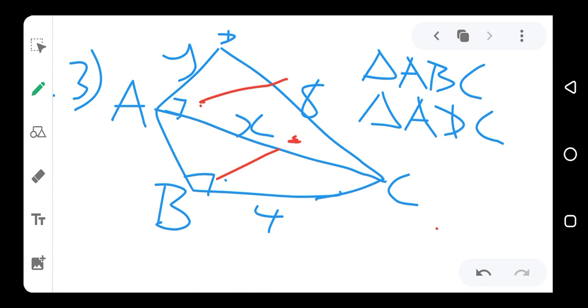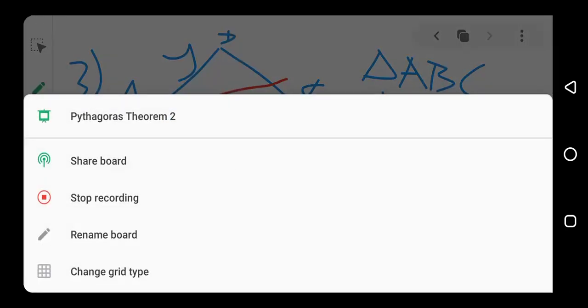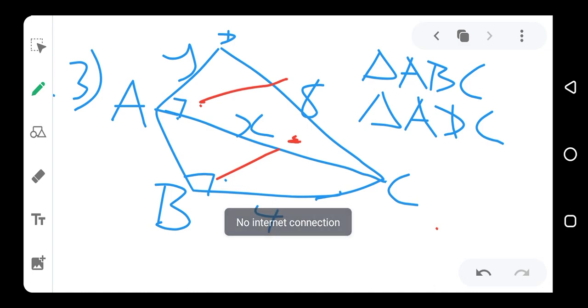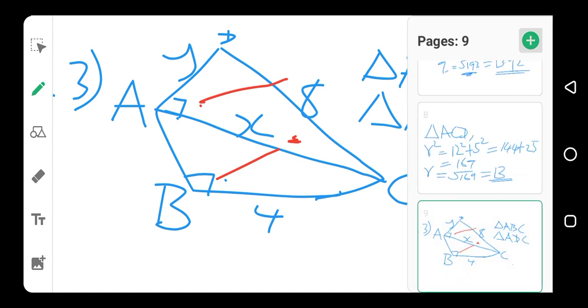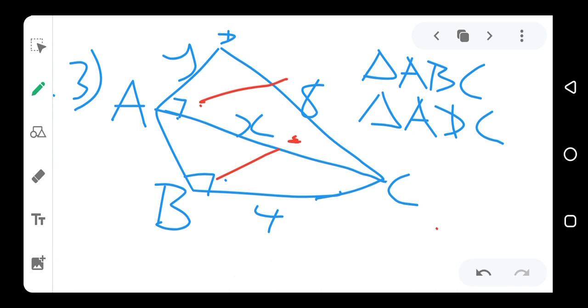Now let's start with the first one, triangle ABC. For triangle ABC, x squared is equal to, okay, let's see which sides are given to us.